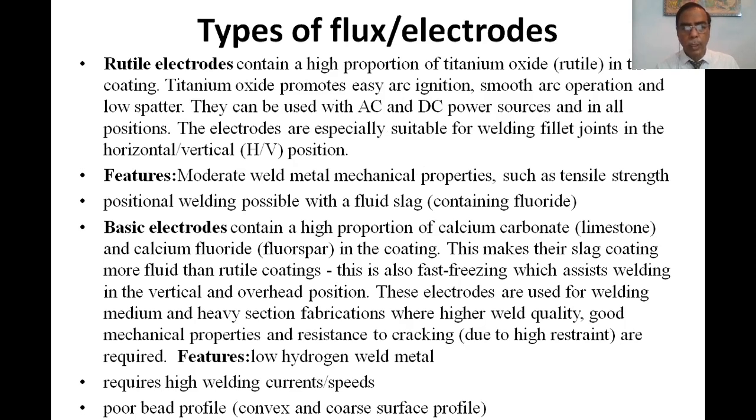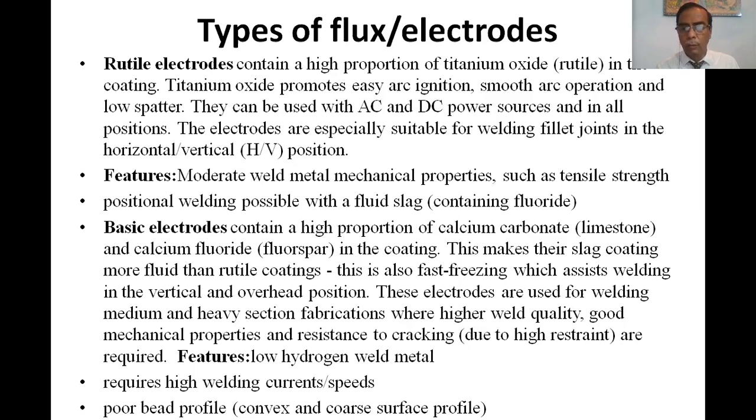Basic electrodes contain a high proportion of calcium carbonate, that is limestone, and calcium fluoride, fluorspar, in the coating. This makes their slag coating more fluid than rutile coating. It is also fast freezing, which assists welding in the vertical and overhead positions.